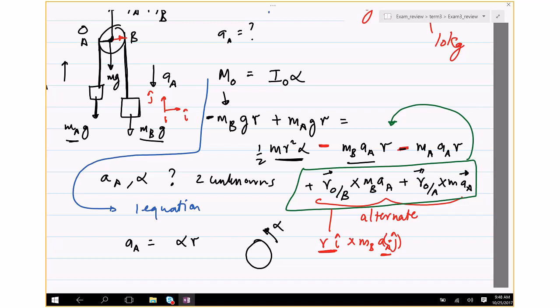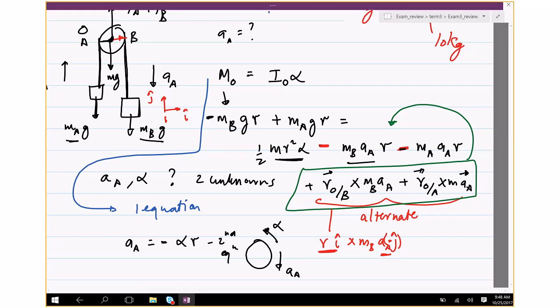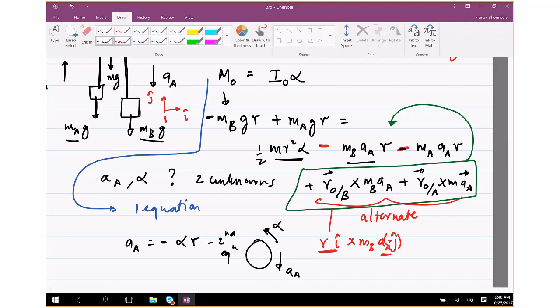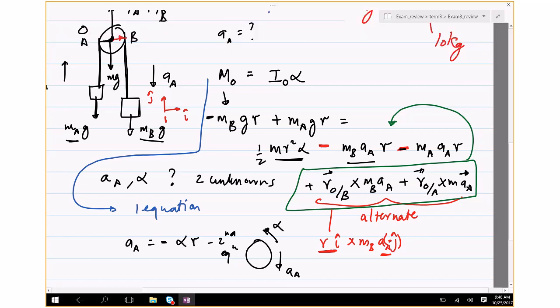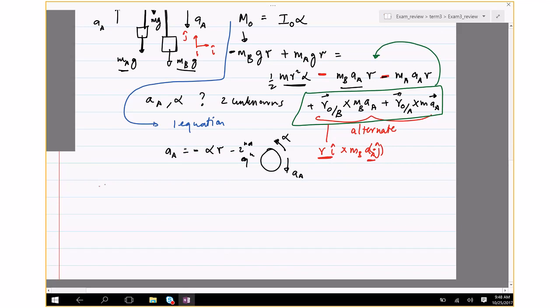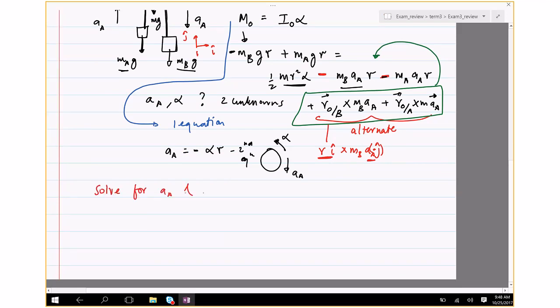However, AA is assumed to be downwards, which means that the right sign over here is negative. So this is my second equation. So now I have two unknowns and two equations, so I can solve for AA and alpha using the two equations.